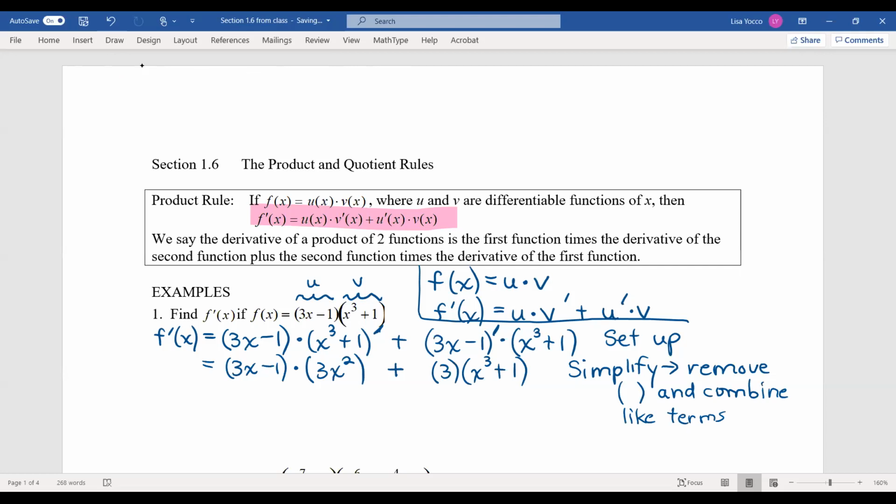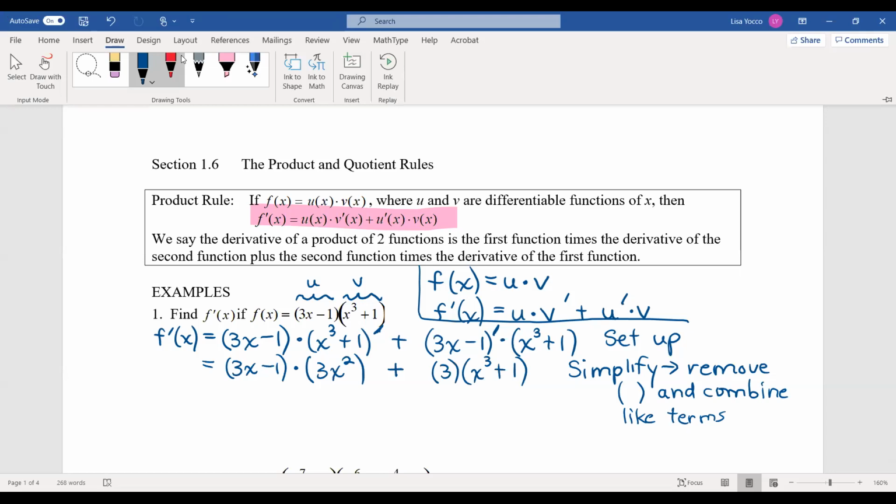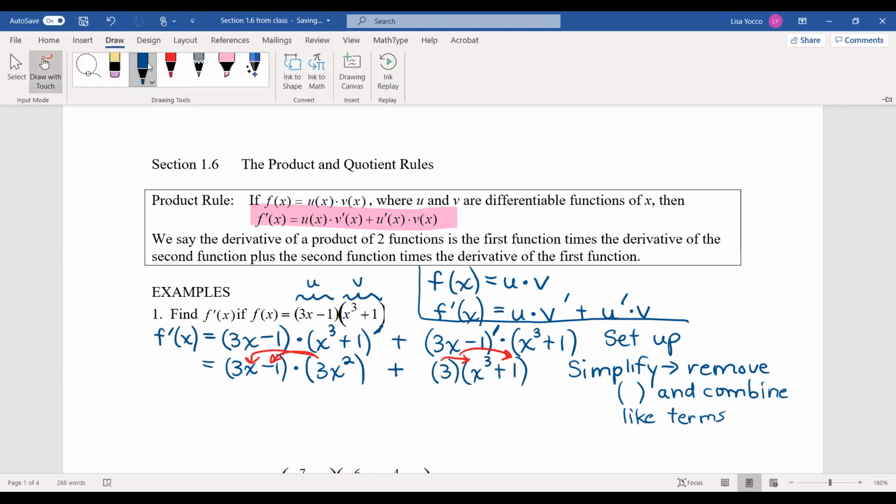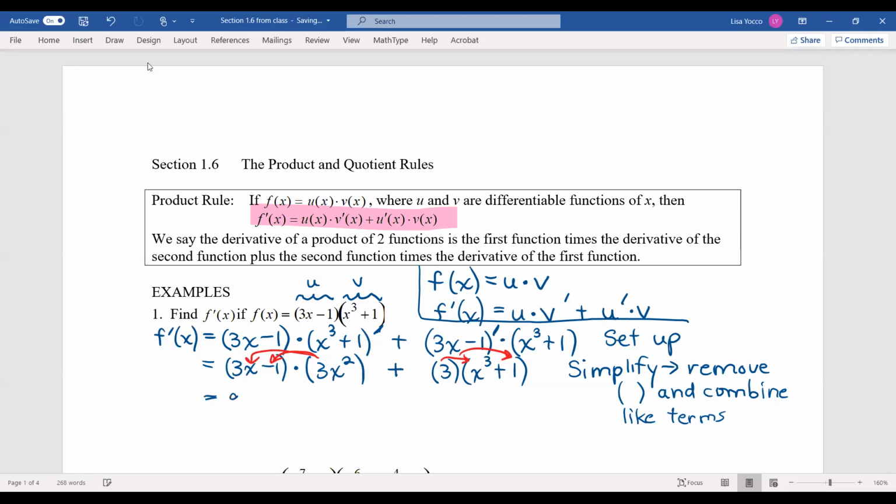All right. So in this case, to remove the parentheses, we'll distribute on the first part, we'll distribute the 3x squared. So 3x squared times 3x is 9x cubed. 3x squared times minus 1 is minus 3x squared.